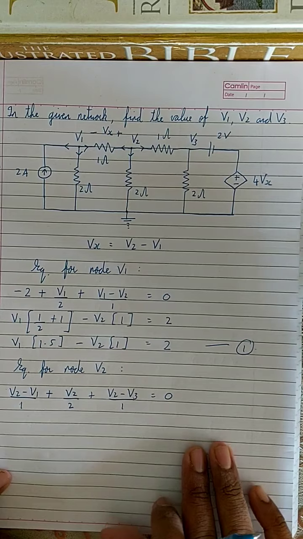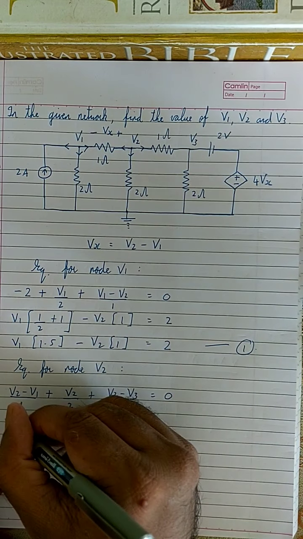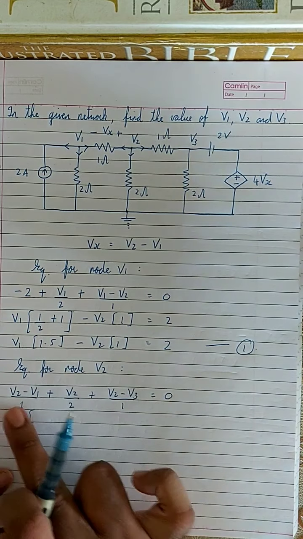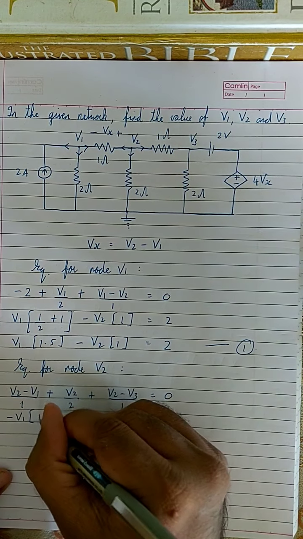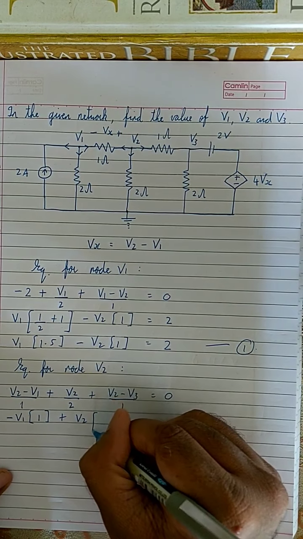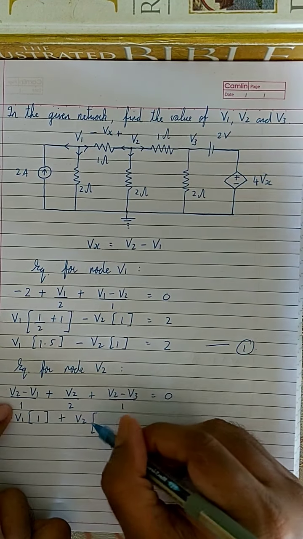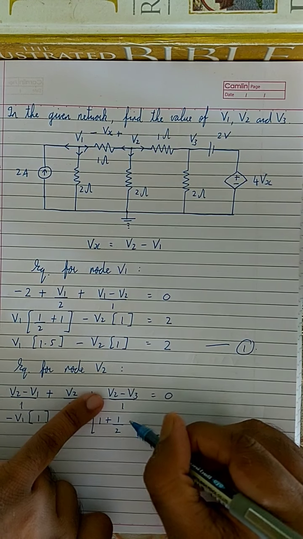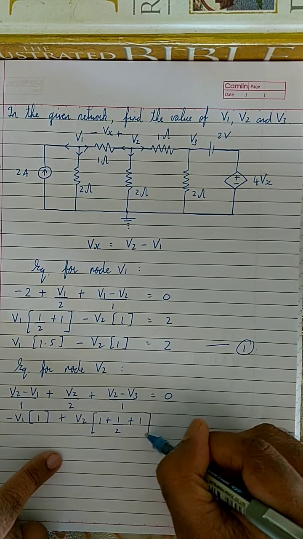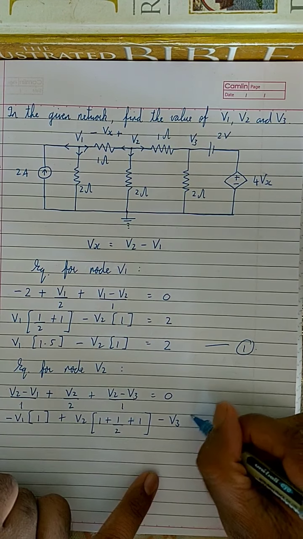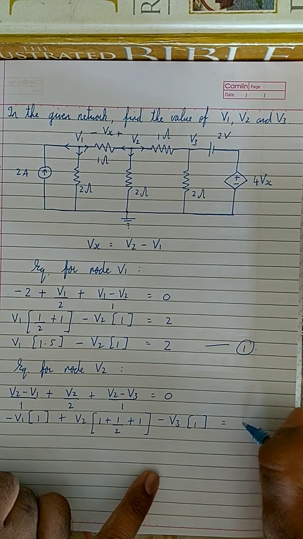So now I'm going to express in terms of V1, V2 and V3. So this will become minus V1 into, there is no other term, right? For V1 only this. So it is 1. Plus V2 into, and what about V2, it has 1 plus 1 by 2 plus 1, minus V3 into 1 by 1, which is 1, is equal to 0.